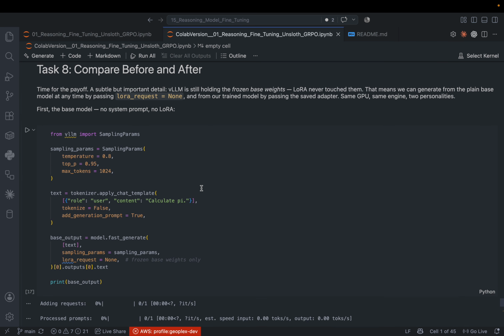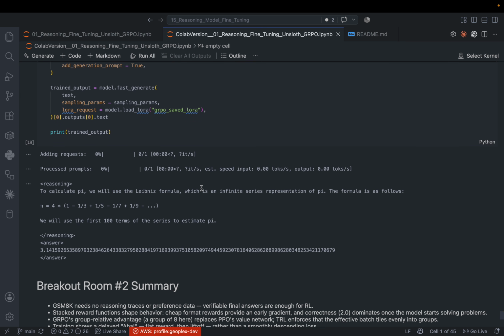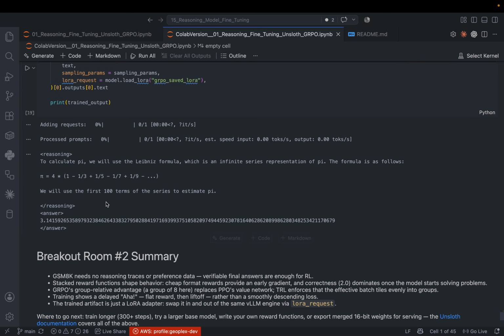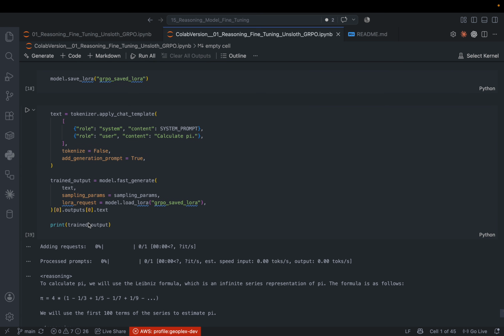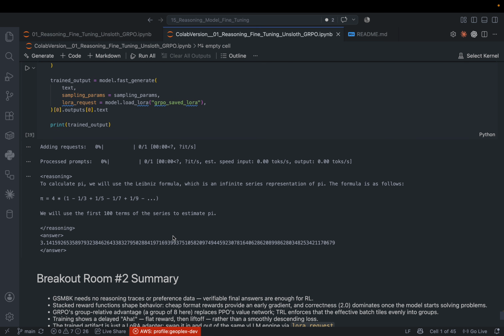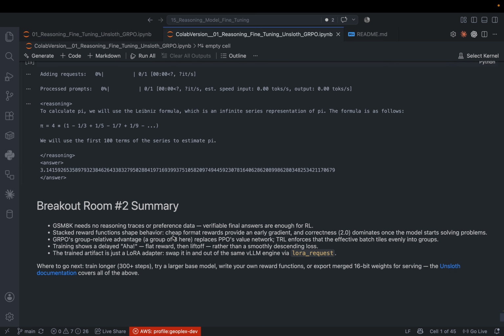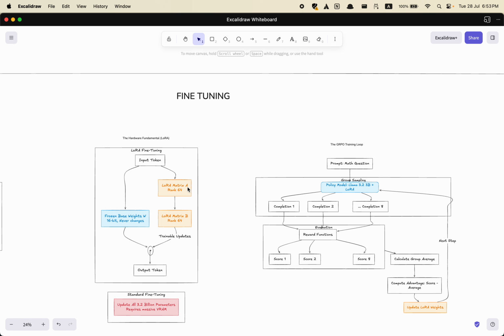Then it was able to build up and solve problems. Here we see it answer the question, calculate pi, and eventually it got to the point where it's got its reasoning tag and comes up with a formula to calculate pi, and then a final answer with a lot of digits of pi. All in all, it was a great exercise to go through, and I hope you learned something. Thanks for watching.